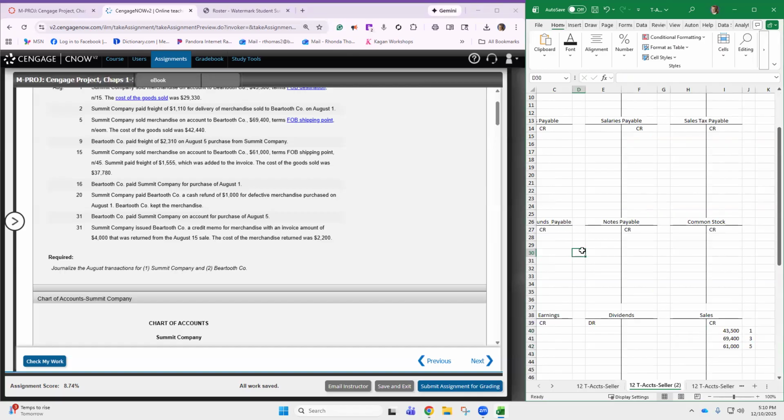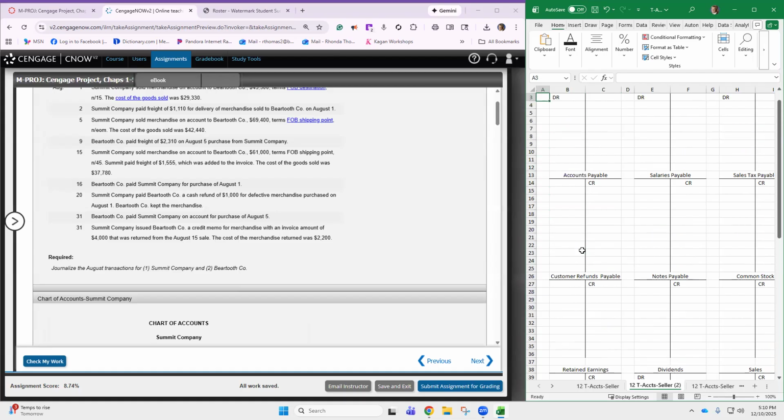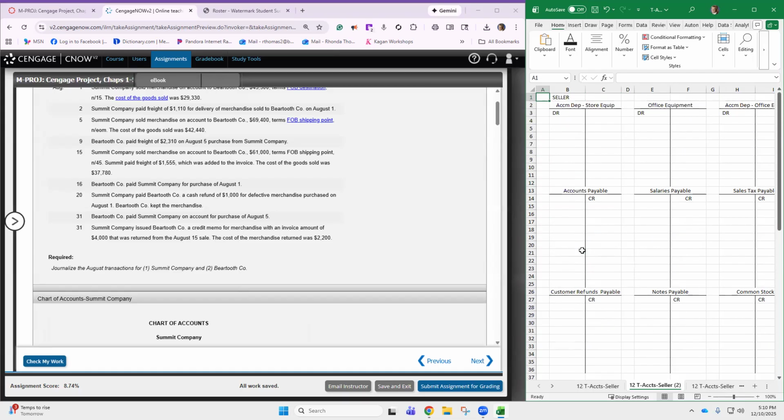Okay, and then here's what we're going to do. The other part of 5 is to put the amount of the shipping in with the AR, right? So AR is going to have another number 5. This is for the shipping, and I'm just doing it in the order they're giving it to us. $1,555.